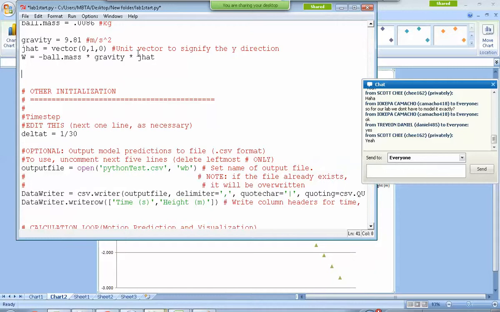All right, so we'll add in a force, and we'll call this FD. Cool? And this is the drag force. So I'm telling Python I want a new variable called the drag force. And the drag force is equal to some number, let's make it B, times the velocity.